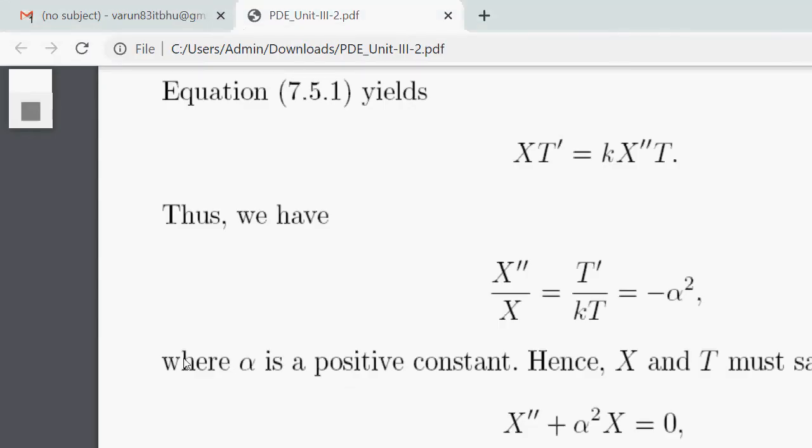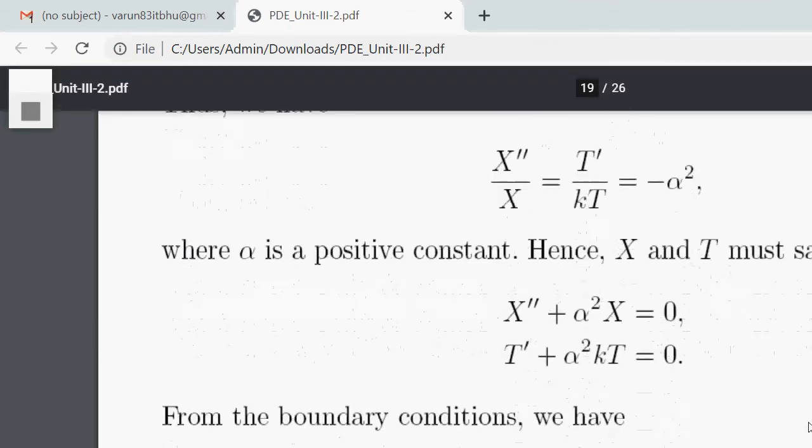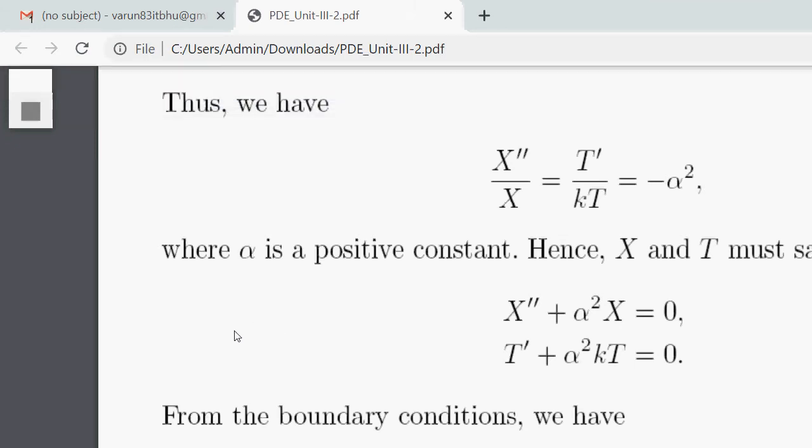Now we find the boundary conditions for these two differential equations. So we reduce the given boundary condition into X. We put x is equal to 0 in u(x,t), then we get X(0) T(t), and you know u(0,t) given in 7.5.1 is 0, so X(0) is 0.